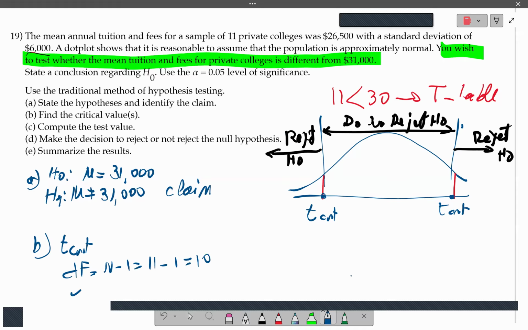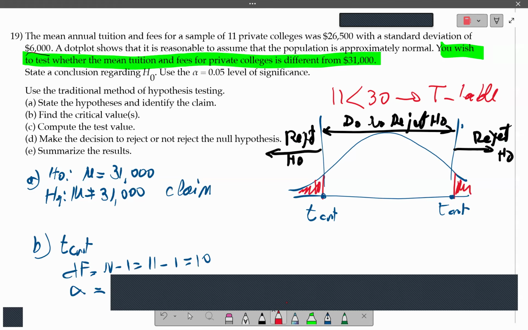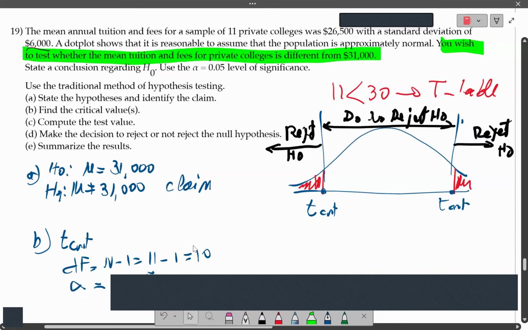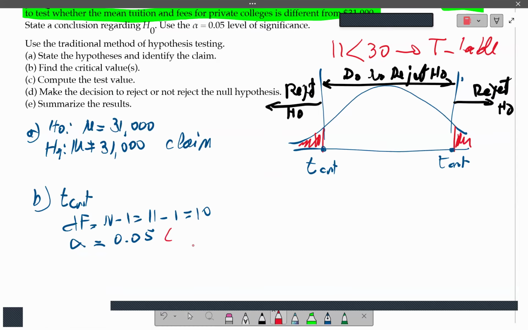I need as well the alpha value. The alpha value is 0.05, and as you can see, there are two tails over there, right? We good?